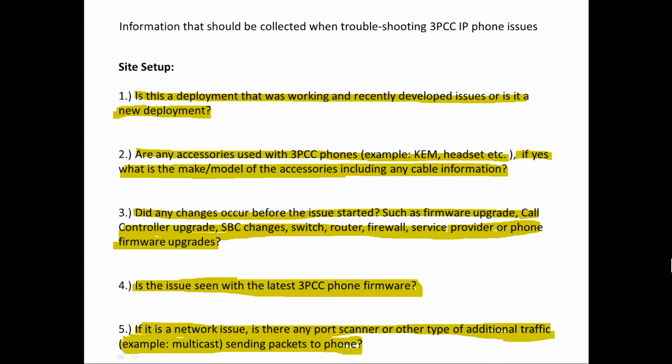And then the other one would be multicast. If you're running multicast, especially pro audio and video, you want to make sure that IGMP snooping is properly configured. Just a basic audio stream can generate thousands of packets per second of multicast traffic, and that can have a huge impact on any of the devices, but especially devices with smaller CPUs.